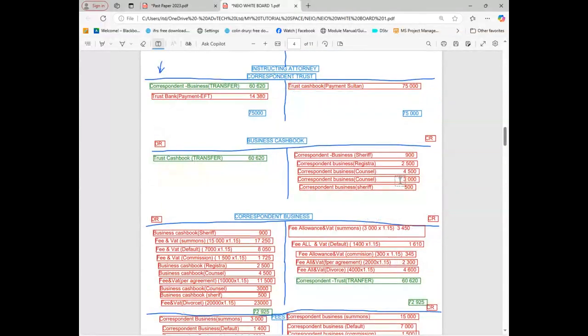The only one that we need to balance is this one. I think the biggest side is going to be the debit side. Okay, you're correct, the biggest side is the debit side.